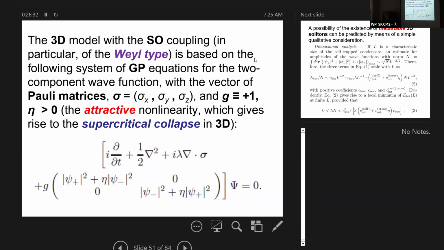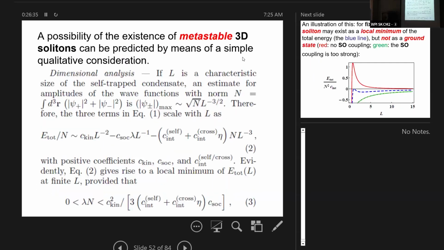Okay. In this case, one can first of all try to predict something qualitatively. Namely, one can again write different terms in the energy of this three-dimensional system, and then apply a simple idea. The idea is, let us assume that we fix the total norm of this object, and let us consider this localized state with various values of the spatial size, capital L. Then, for the fixed norm, we estimate the scaling of different terms in the Hamiltonian as we vary the size.